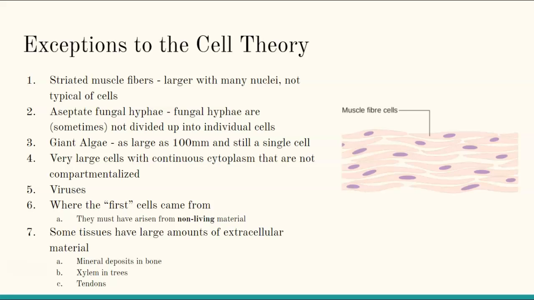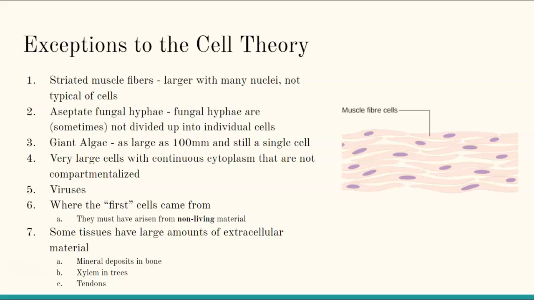Viruses as a whole, they fit like many of the checkboxes for cells, but they can't reproduce on their own. So that's like a big no. So they're not actually considered alive, but they can do a lot of things that cells can do. And then number 6 is like the million-dollar question, right?